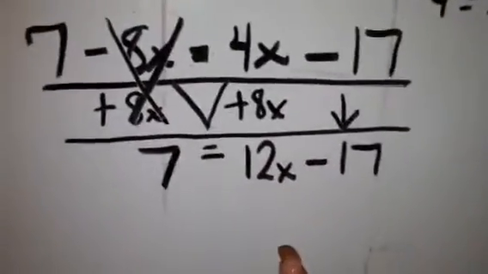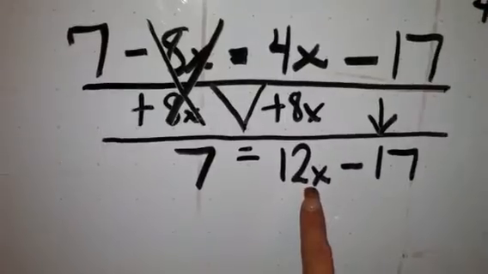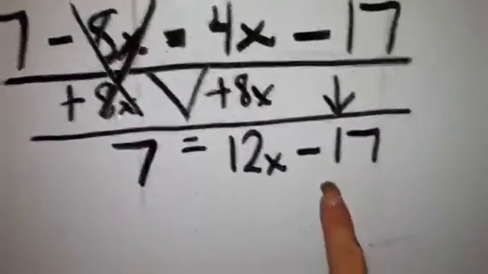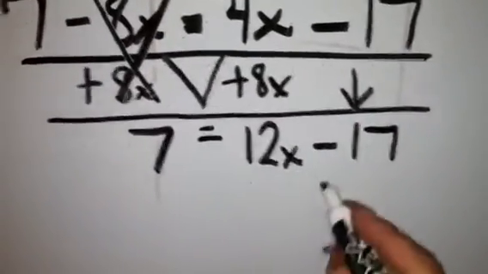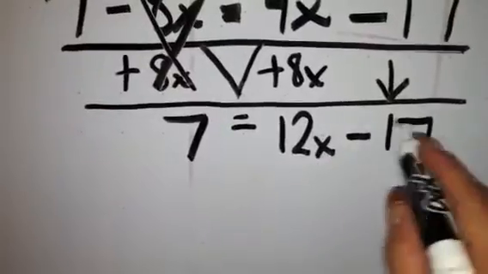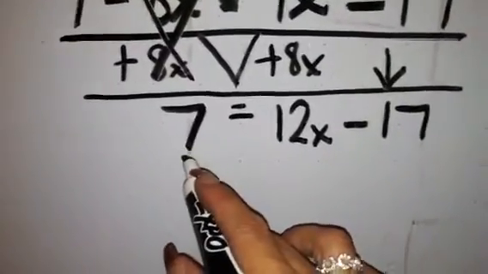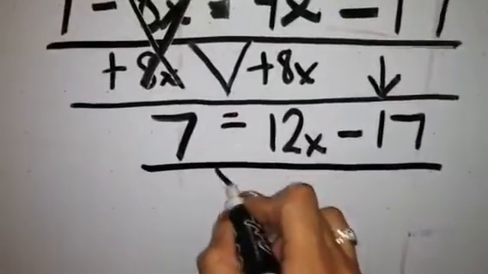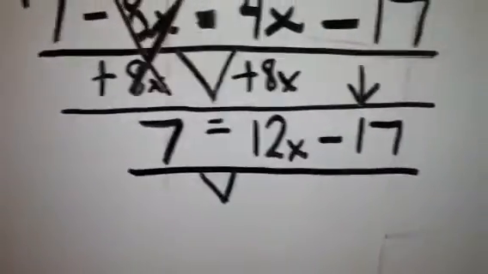Okay, so now that we have our variables on one side of the equation, if we look over here, we need to add or subtract. So let's go back to this. Now that I have the variable on this side, I need to get the numbers over to the other side. So I'm going to, again, create my little balance scale, okay?